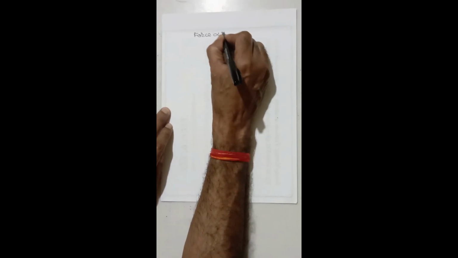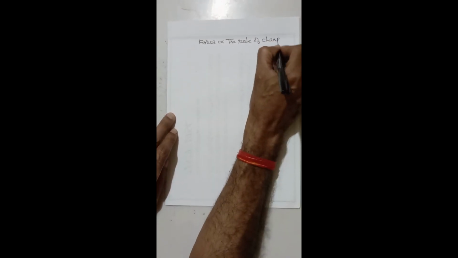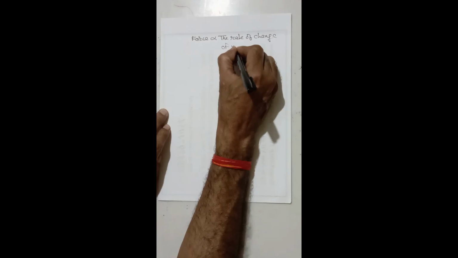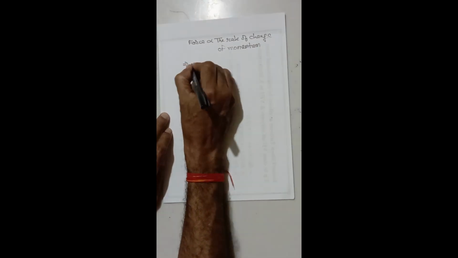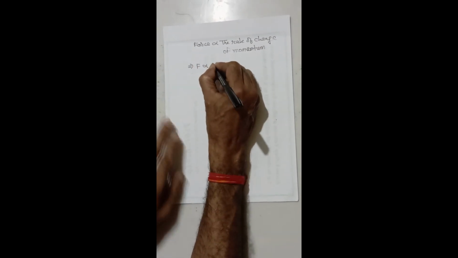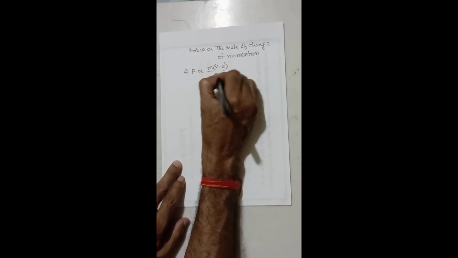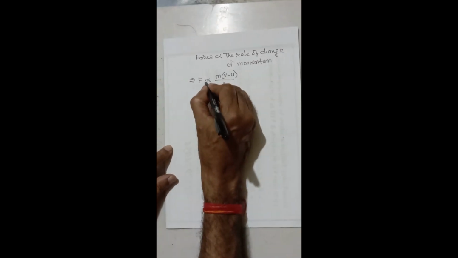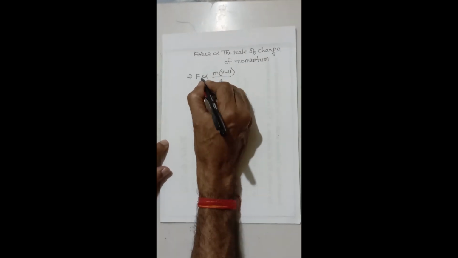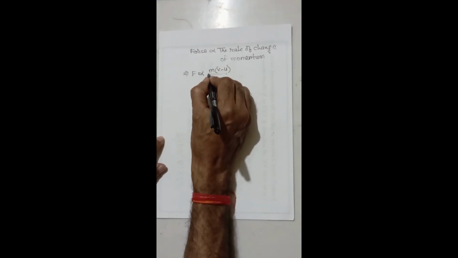Force is proportional to the rate of change of momentum. This implies force is proportional to m into v minus u upon t, as I have derived just before. Now, in physics, when we relate one quantity to another, in order to remove the proportionality we take some constant.